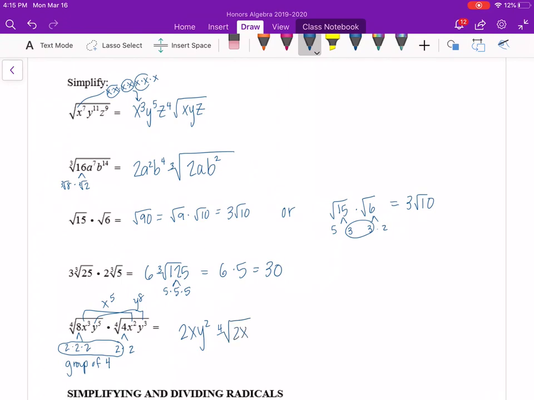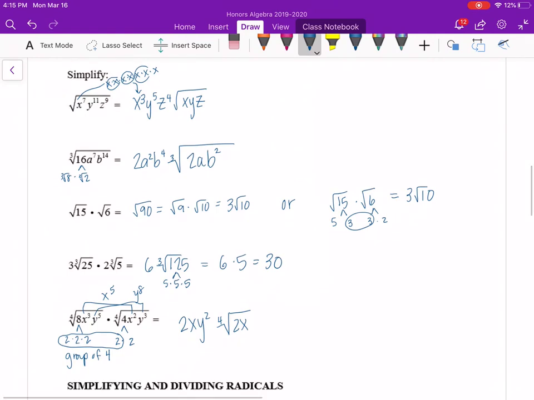All right, so for all of those, I just made my own instructions that said assume variables are all positive. So I just ignored absolute value bars for the time being so that you could get practice with just simplifying these radicals.